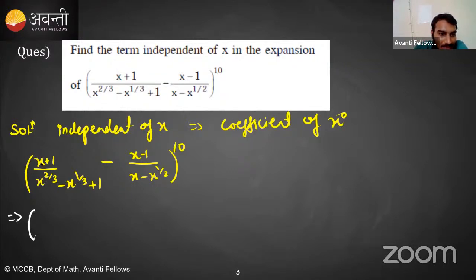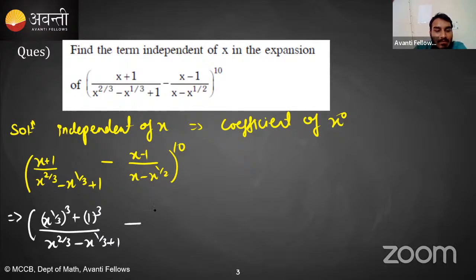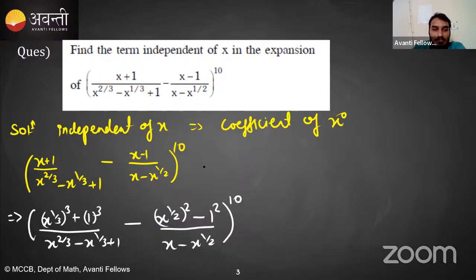So can I write this as (x raised to the power 1 by 3) whole cube plus 1 cube, divided by x raised to the power 2 by 3 minus x raised to the power 1 by 3 plus 1, minus, and x minus 1, can I write it like (x raised to the power half) whole square minus 1 square, divided by x minus x raised to the power half? Clear? Whole raised to the power 10.